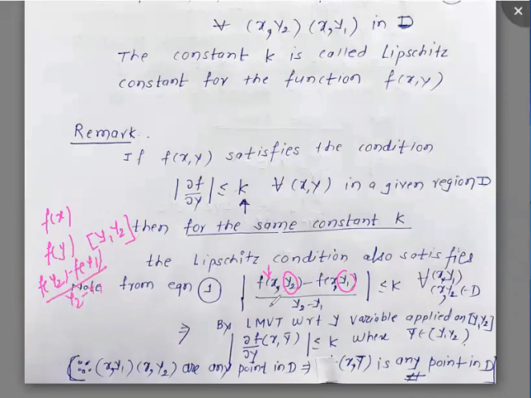So here, suppose x is fixed and apply Lagrange's mean value theorem with respect to variable y. What do we get? f of x y2 minus f of x y1 upon y2 minus y1.